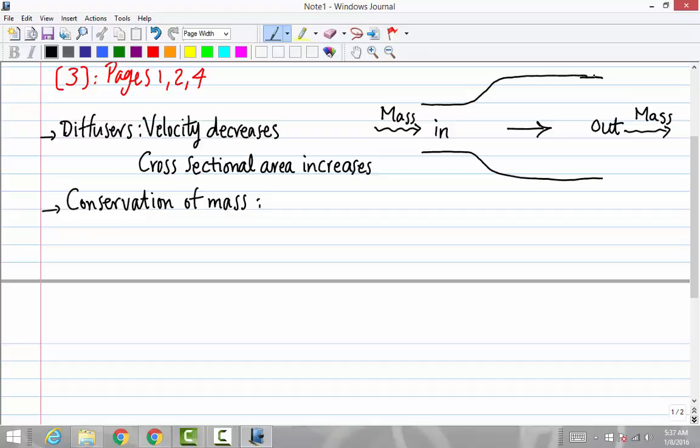Conservation of mass, because it's a steady flow: the rate of the mass coming in equals the rate of the mass going out, and m dot is the mass flow rate.